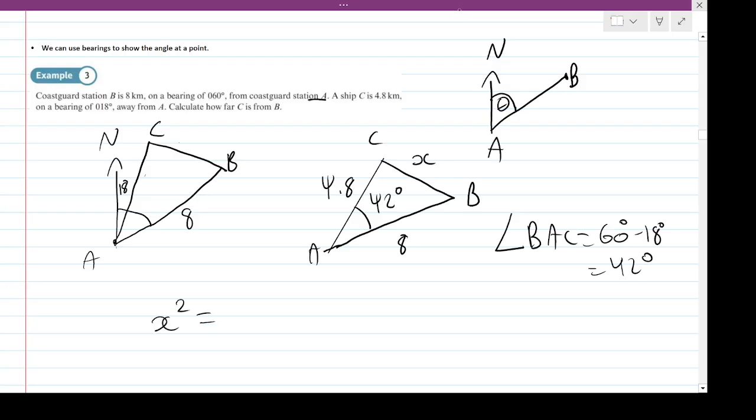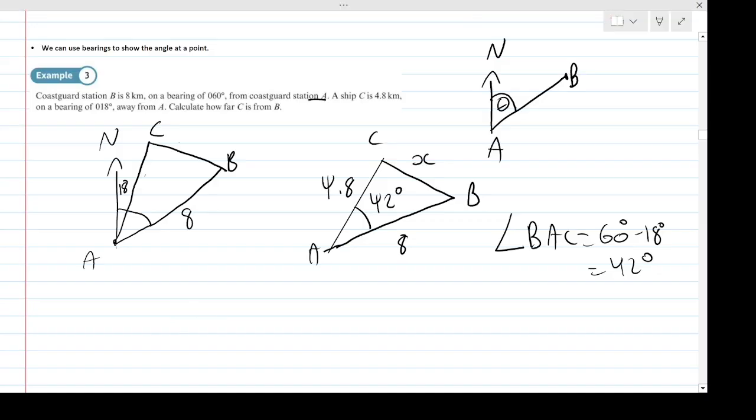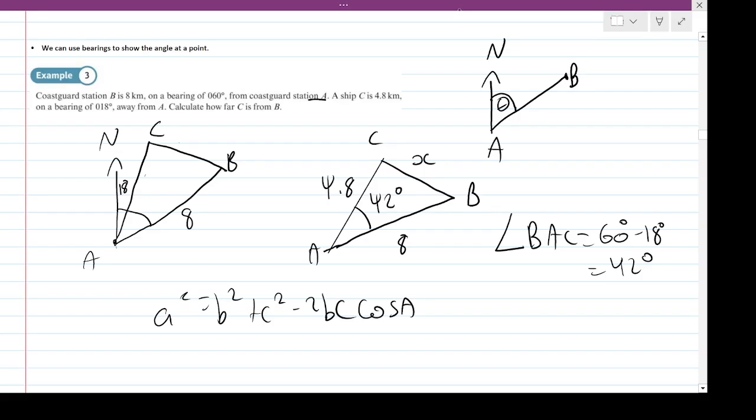Remember the cosine rule: a squared is b squared plus c squared minus 2bc cosine A. Now a squared is CB, which is x, the missing length that we want to find. The other two sides, b and c, are 4.8 squared add 8 squared minus 2 lots of 4.8 times 8 times the cosine of the angle 42.